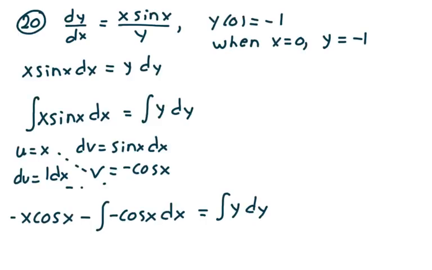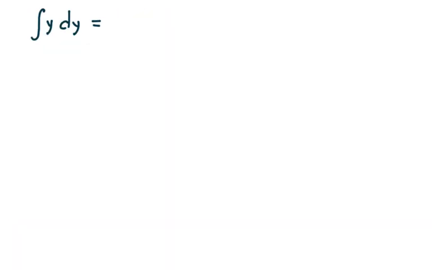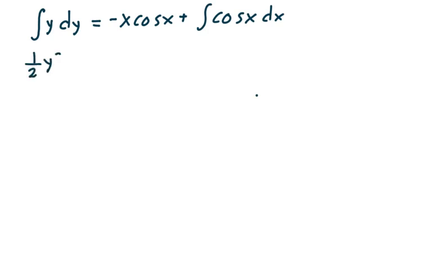So if you don't mind, I'm going to switch places a little bit. The integral of y dy is equal to negative x cosine x. Minus a negative means plus, the integral of cosine x dx. And we are now ready to integrate. 1/2 y squared is negative x cosine x plus sine of x plus some constant c.